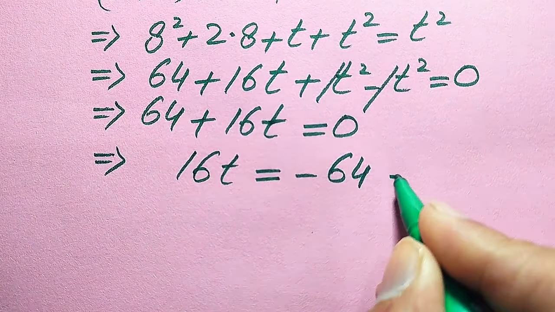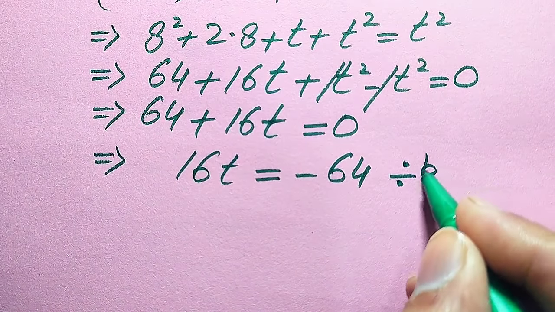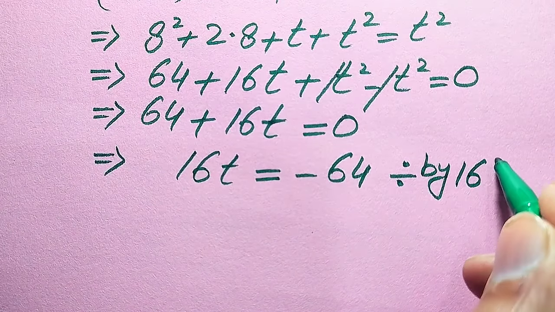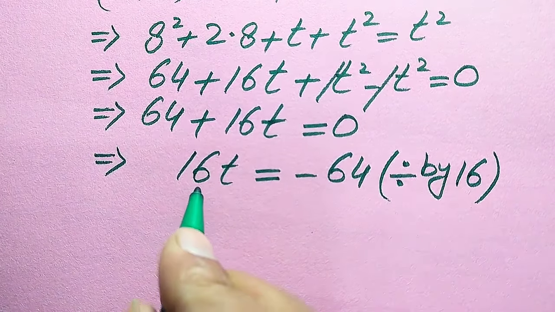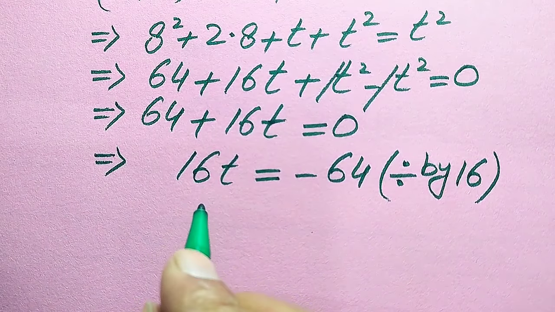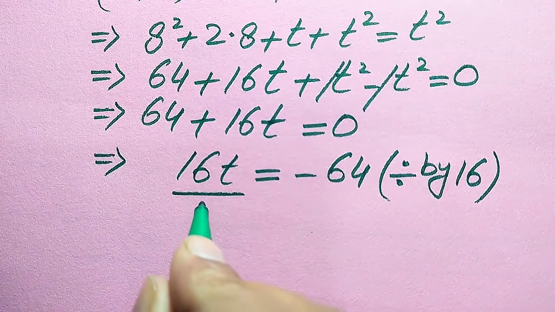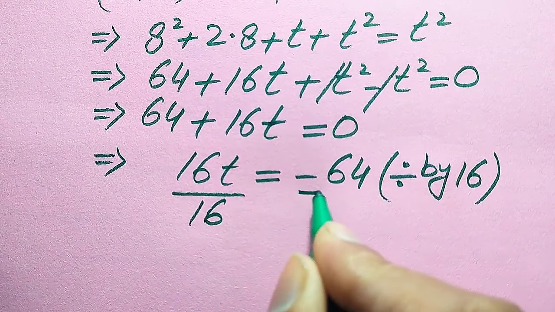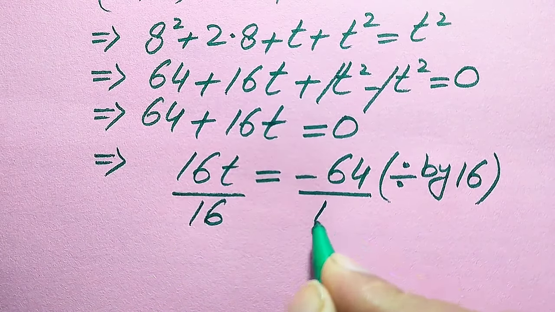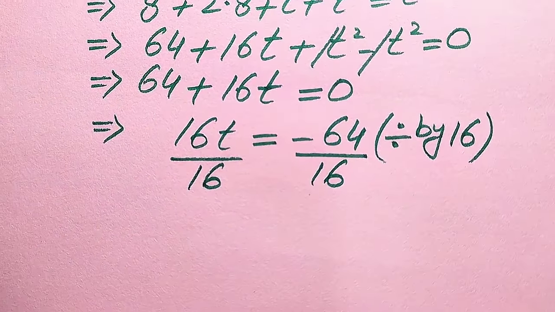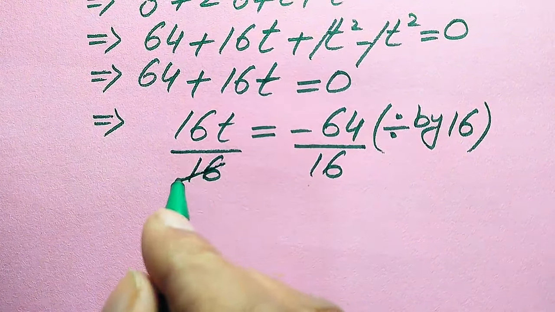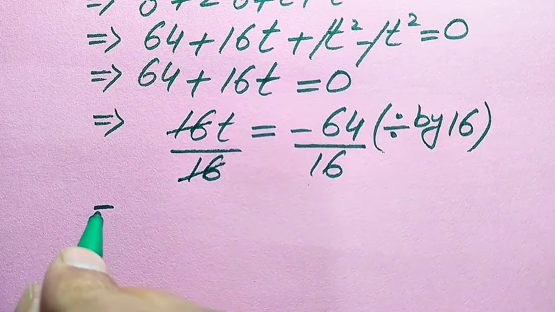Now for the value of t we divide both sides by 16 to remove the 16 from the left hand side. So 16t divided by 16 equals minus 64 divided by 16, and this 16 is cancelled out by this 16.